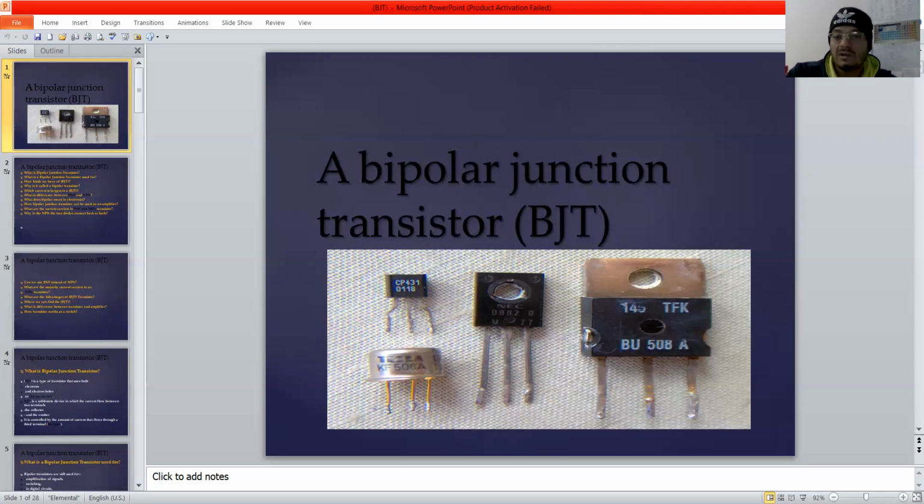Here the negative terminal is with the negative terminal, and the positive terminal is near the positive terminal of the next diode, and we can say this BJT is NPN.